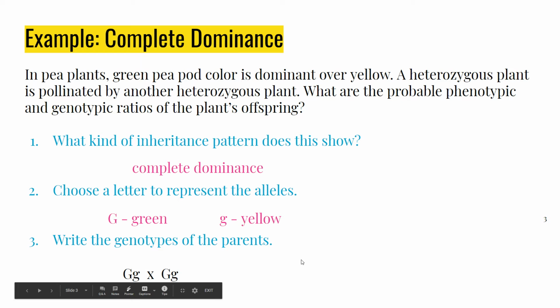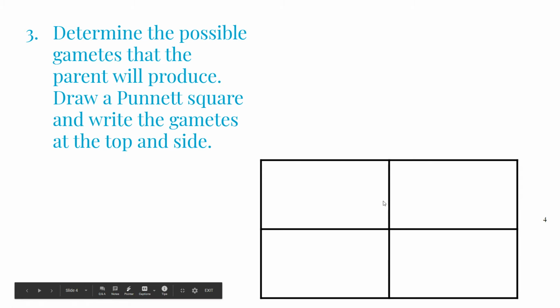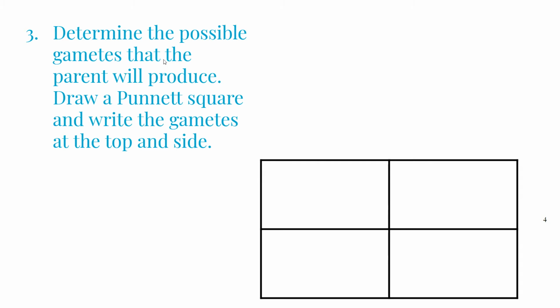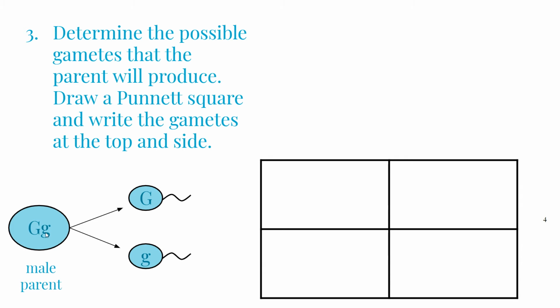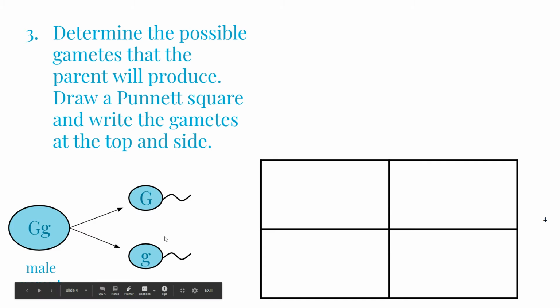Now we've got to cross these 2 parents and see what happens. So we're going to determine the possible gametes. These are not the actual gametes, these are the possibilities that the parent will produce. Draw the Punnett square and write the gametes at the top and side. Each parent has big G, little g, so each parent can give 1 big G or 1 little g.